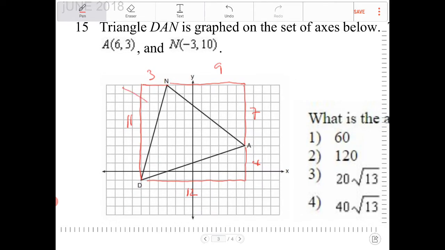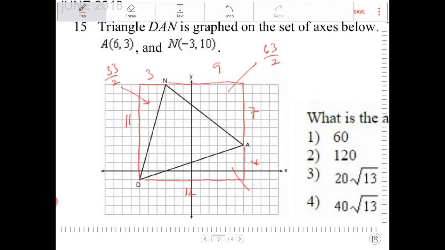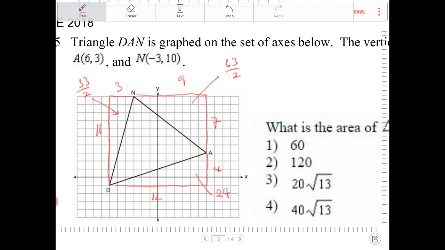So anyway, this has an area of 33 over 2. This has an area of 63 over 2. And this has an area of 4 times 12, 48, so 24. And I add them all together, I end up with what? 63 and 33 adds up to 96 over 2. 96 over 2 is 48.